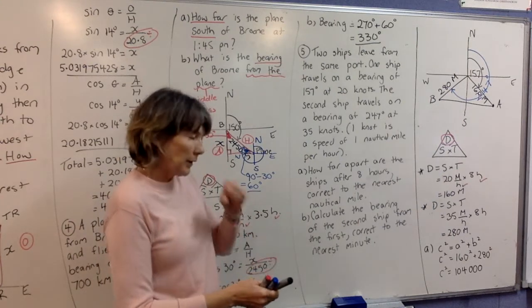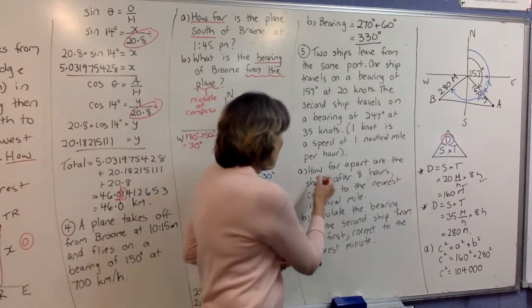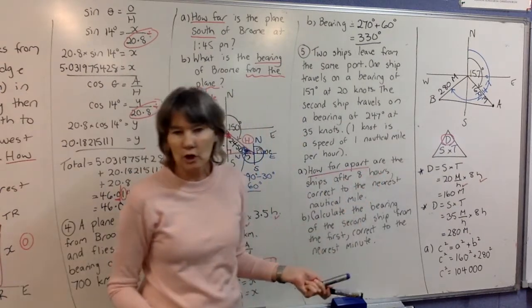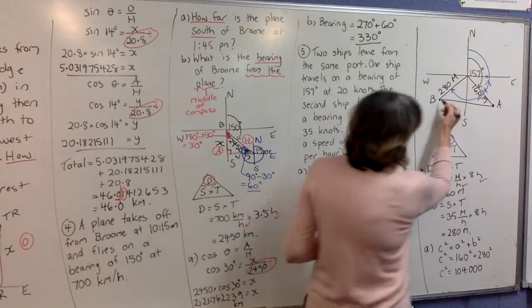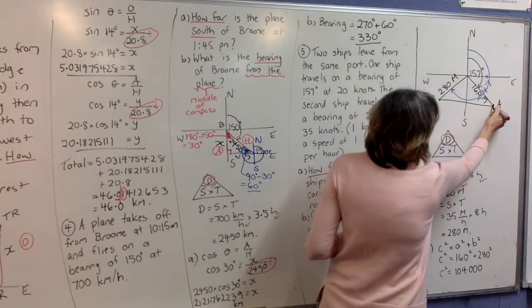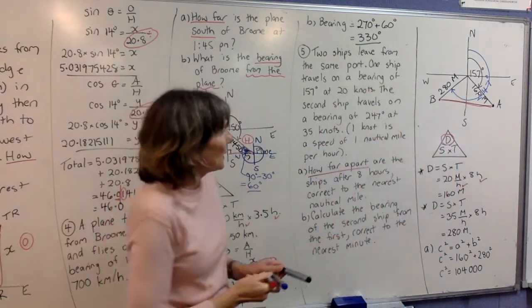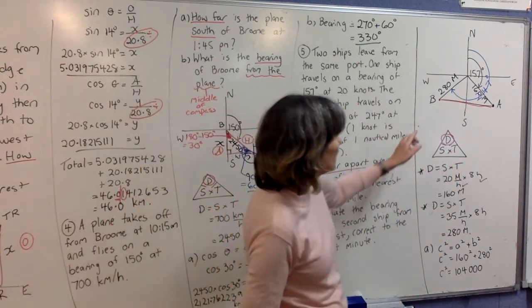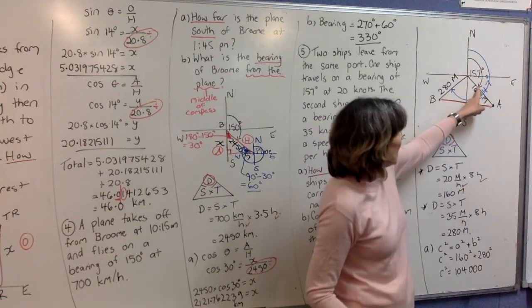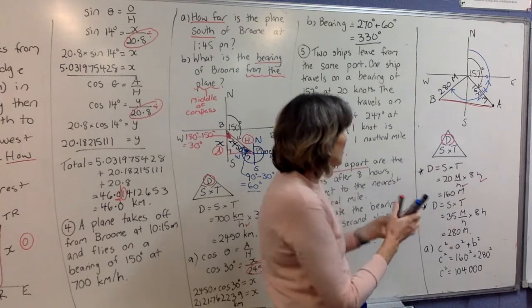We can read what the rest of the question says. And it says, how far apart are those two ships? Well, here they are. And we're looking for how far apart they are. Okay, so we're looking for this line here. Now, if you go back up to these bearings, 157 to get to there, 247 to get to there, what is this gap here?